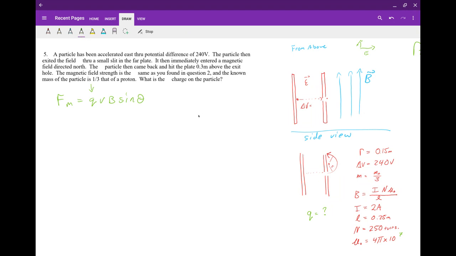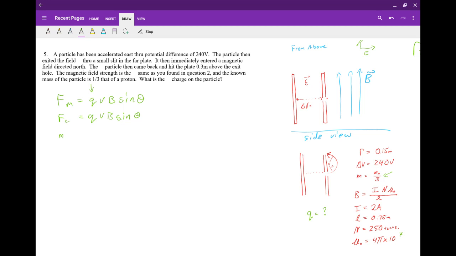And so I'm going to go ahead and write down that this is equal to the centripetal force, because remember that charged particles, while in a magnetic field, move in a circular path. And remember that the centripetal force is equal to the mass of the particle, which is the mass of the proton divided by 3, which is over here.